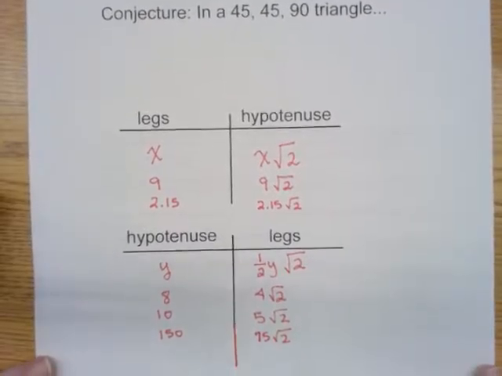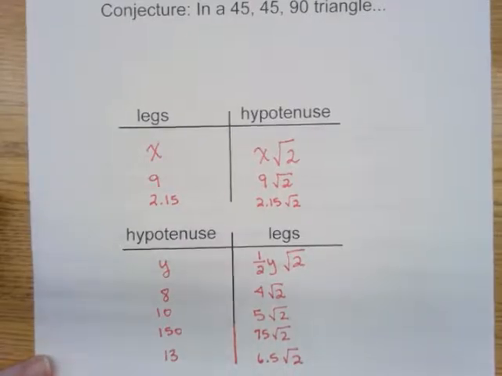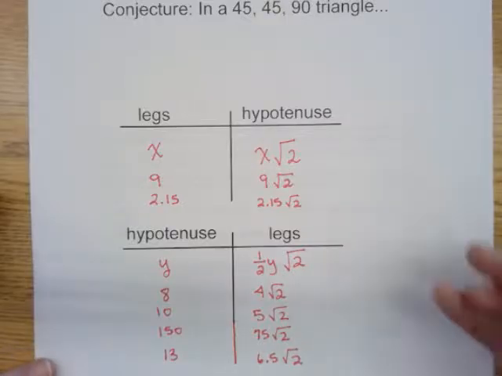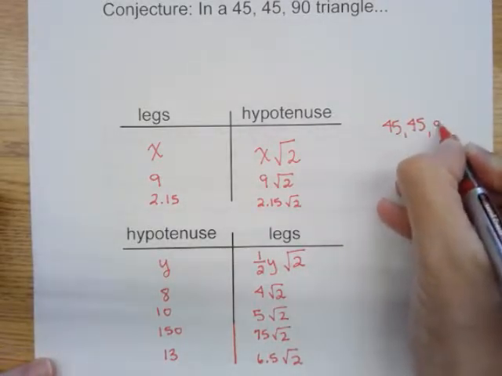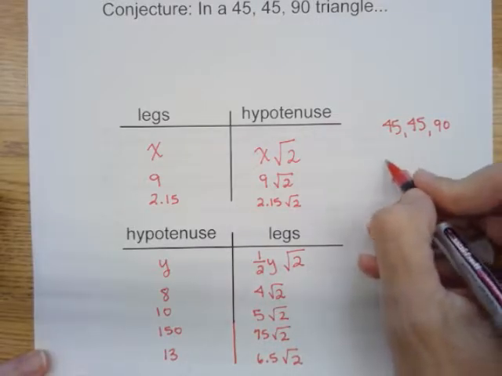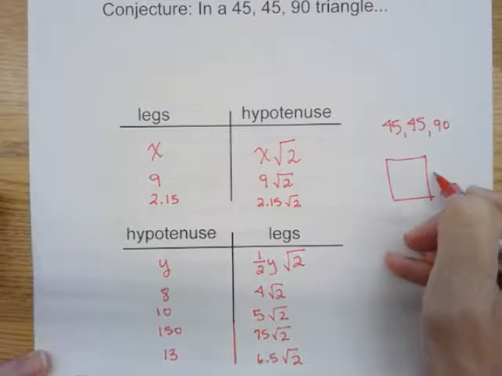And then I'm going to throw in something a little bit trickier, an odd number. What if the hypotenuse is 13? Well, half of 13 is 6.5, root 2. So this conjecture will work for every 45-45-90 right triangle. We figured that out because we took a square, and we know that the sides are the same.